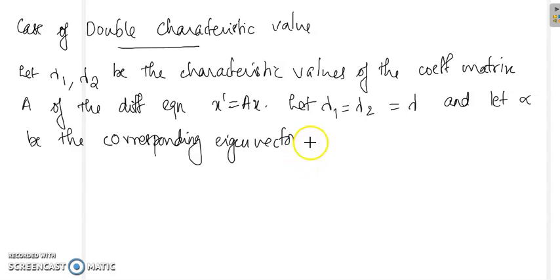Then alpha e raised to lambda t is a solution.